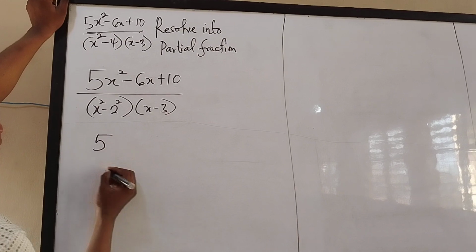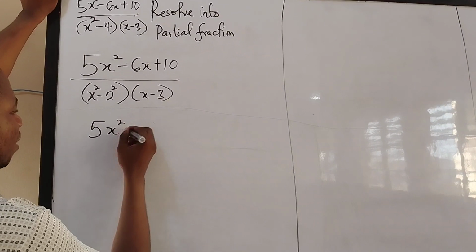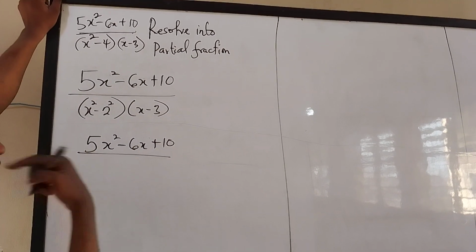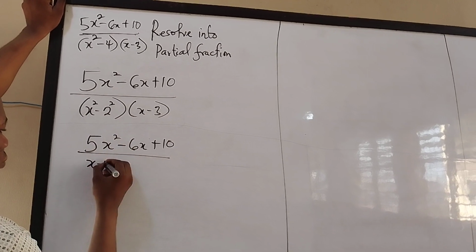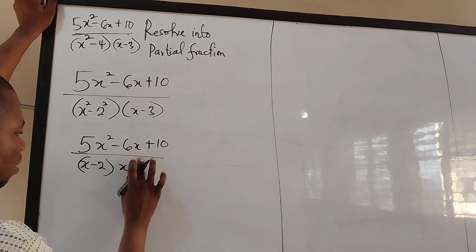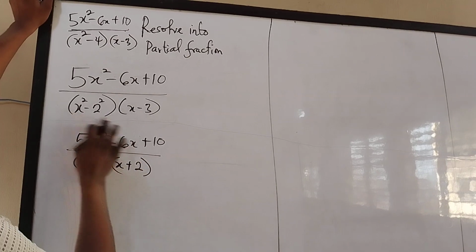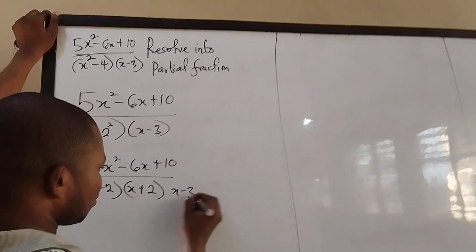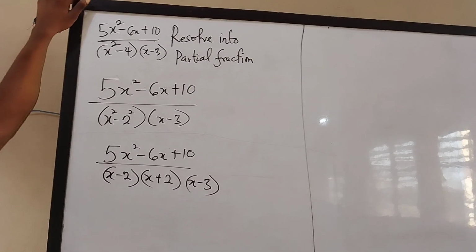So breaking it down further, we have 5x squared minus 6x plus 10 all over, this is a difference of two squares, so I will have x minus 2, the next one is x plus 2. So that is for this. So finally we have our x minus 3. So having gotten this, we are good to go.